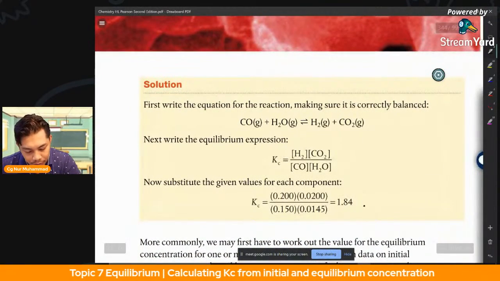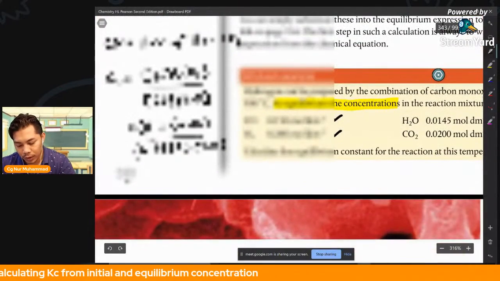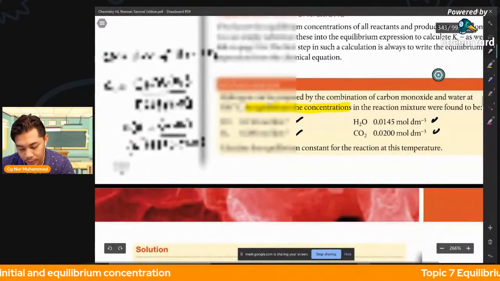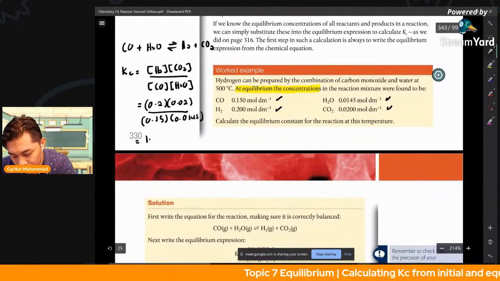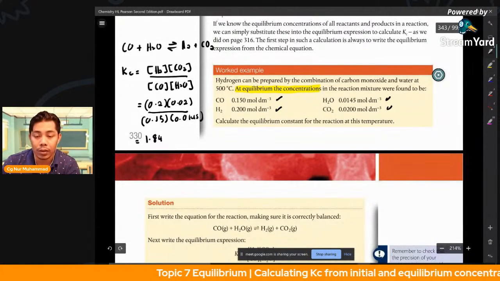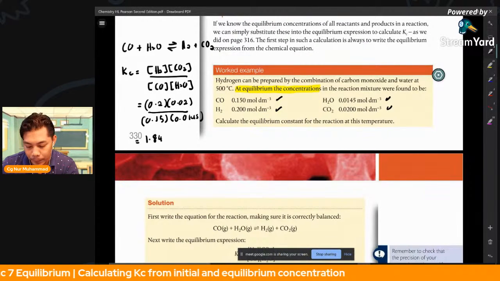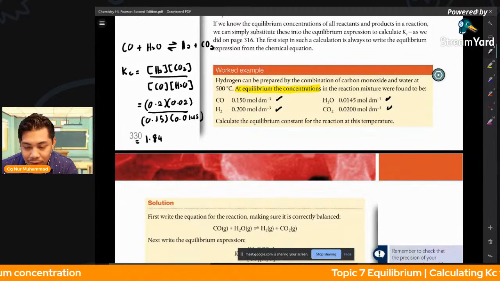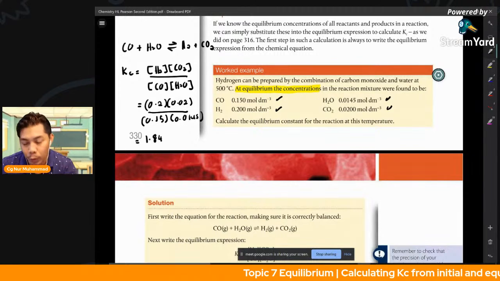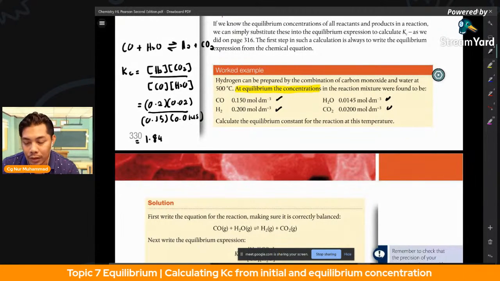Ni jawapan, 1.84. Remember that Kc has no unit. Boleh kelas? This is the first question. You are given directly the equilibrium concentration.